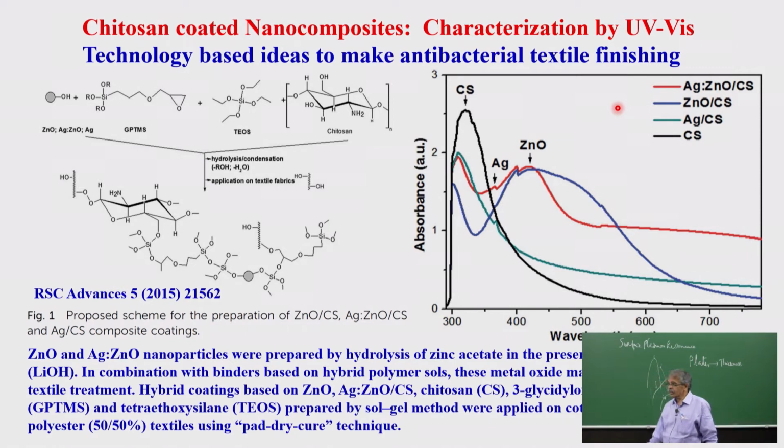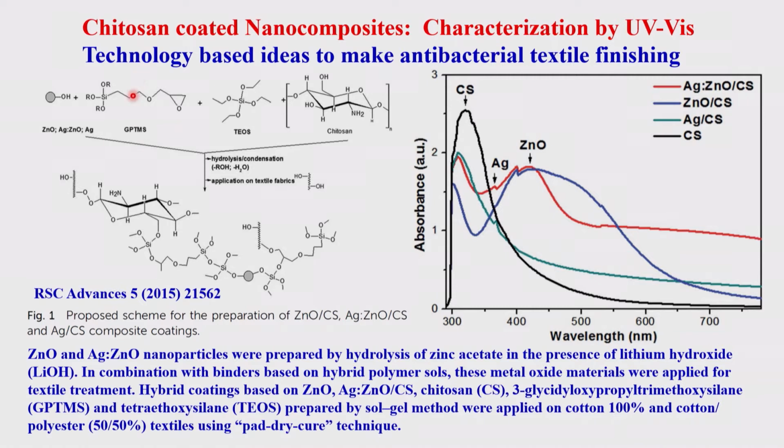Kindly look at the slide, please. Here, zinc oxide and silver-based zinc oxide nanoparticles are used. You know very well the silver nanoparticles are very good antibacterial agents. Now you need to coat these onto the surface of the textiles. That's why these materials are used.